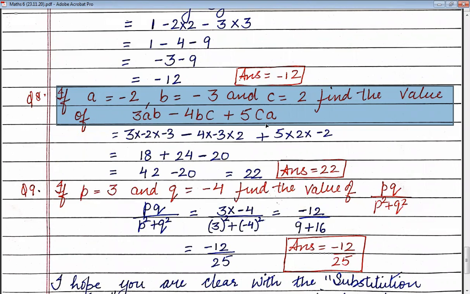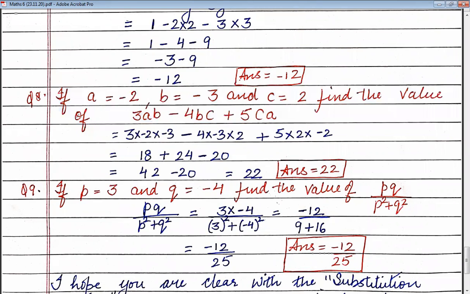Now children, in this question, how many variables are there? Yes, there are 3 variables, that are a, b and c. Now can you tell me the values of the variables also? The values of the variables are a is minus 2, b is minus 3, and c is only 2.